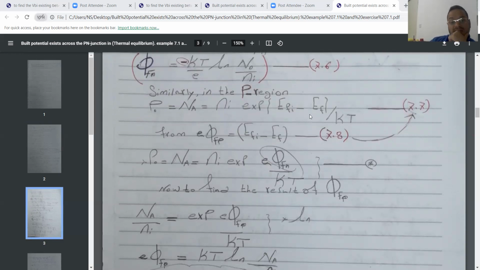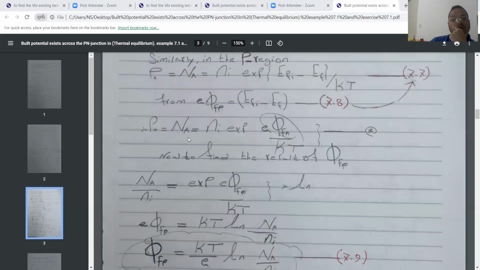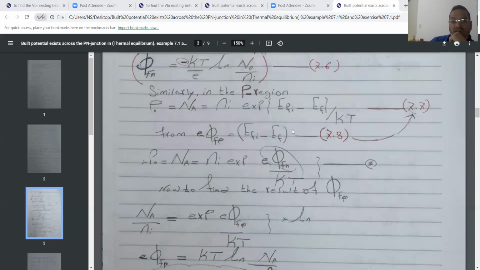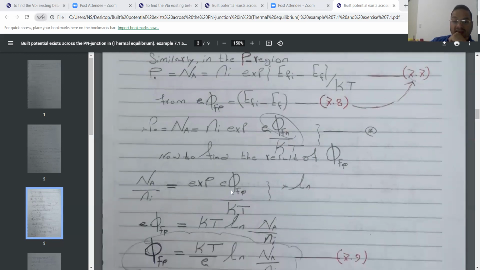Now let's come back and find the last result, phi_FP. Here it equals N_A. We will divide this whole equation by the intrinsic carrier concentration and put e phi_FN instead of this bracket, to be like that.